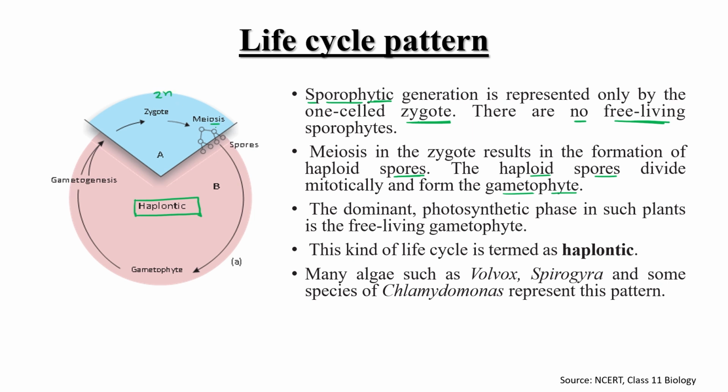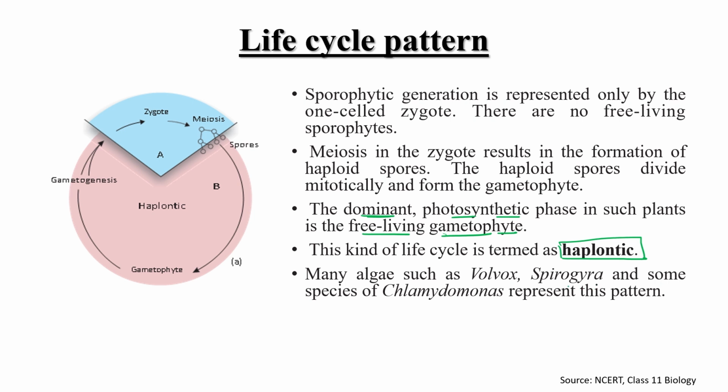And then after meiosis, spores are formed, and then the gametophytic form develops. So the main dominating phase is the gametophyte. This one is free living, dominating, and photosynthetic as well. And this kind of life cycle is termed haplontic.